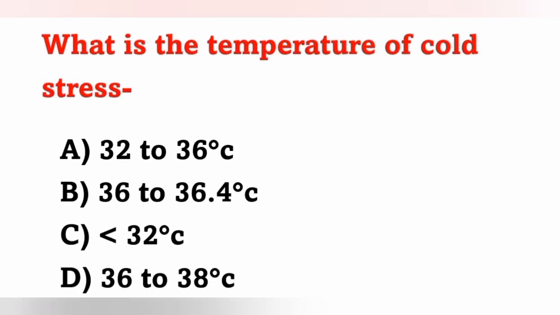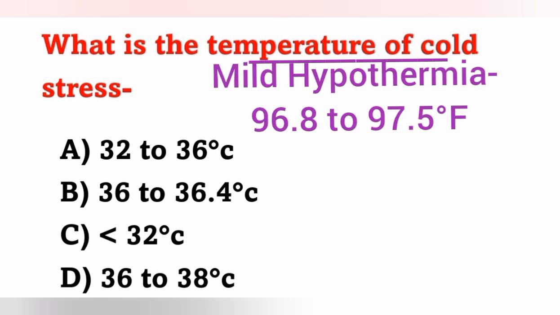And the next question, what is the temperature of cold stress? Options: option A 32 to 36 degrees Celsius, option B 36 to 36.4 degrees Celsius, option C less than 32 degrees Celsius, and option D 36 to 38 degrees Celsius. Cold stress is also known as mild hypothermia. Usually this is seen in newborn babies. Immediately, in their adjustment period, they feel hypothermic.